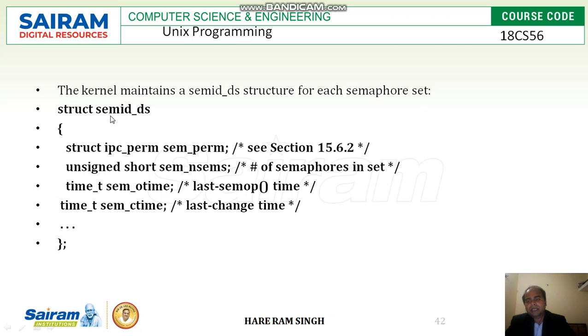Let us see what will be there under this structure. struct semid_ds contains struct ipc_perm sem_perm, unsigned short sem_nsems, time_t sem_otime, and time_t sem_ctime. Here sem_otime is the last semaphore operation time, sem_ctime is the last change time, and sem_nsems is the number of semaphores in the set. All this data is available in semid_ds.